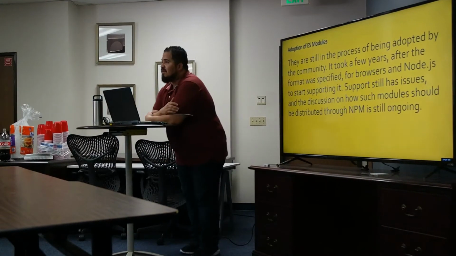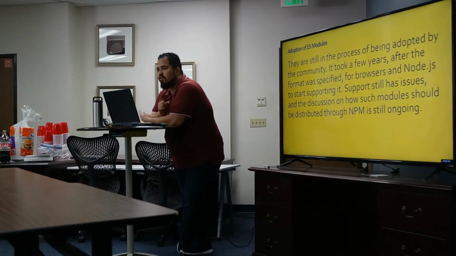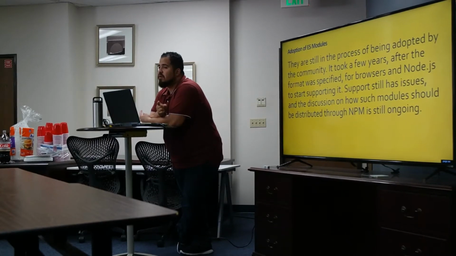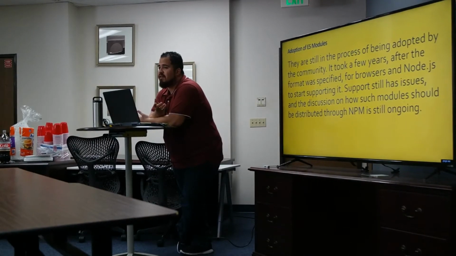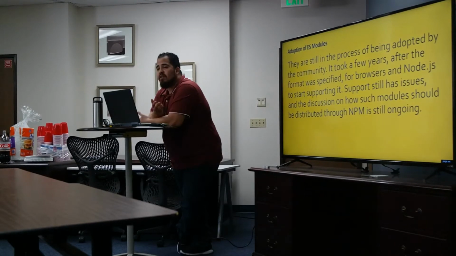I read this and found it interesting because I didn't understand why there were two different ways of doing things. But apparently it's a problem. It's not really a feature of JavaScript. We have the way where we can require things, and then there's the way we can import things, right?